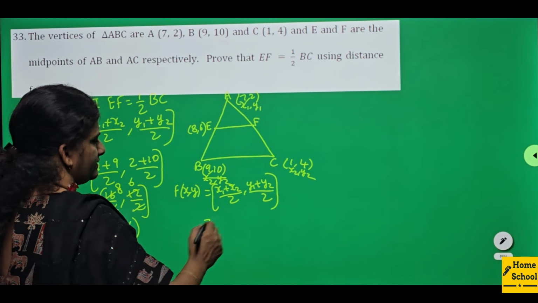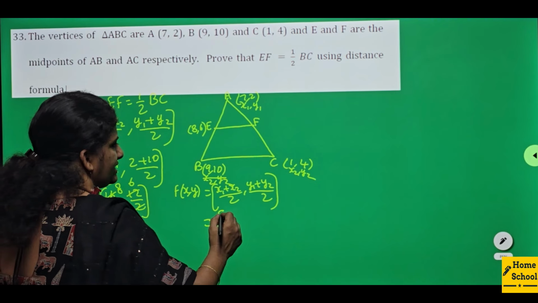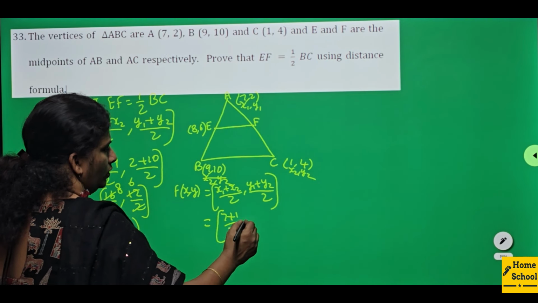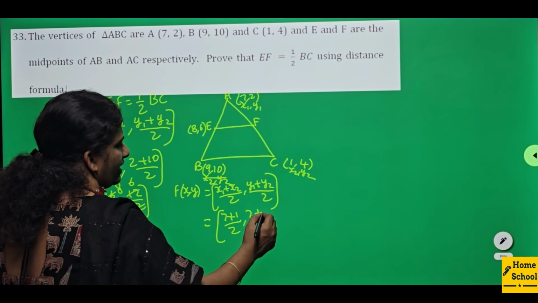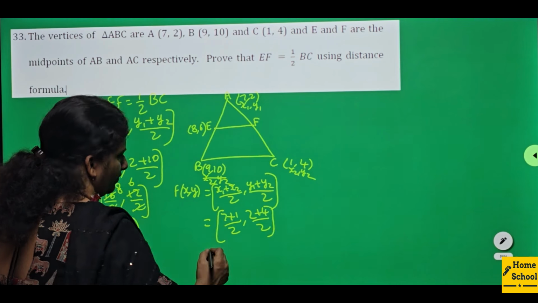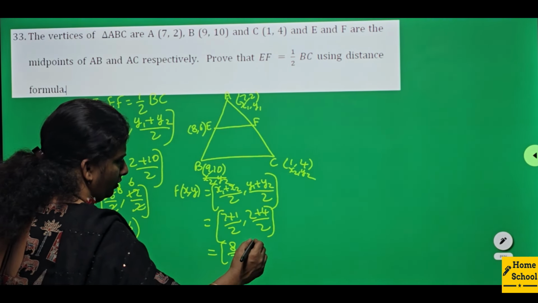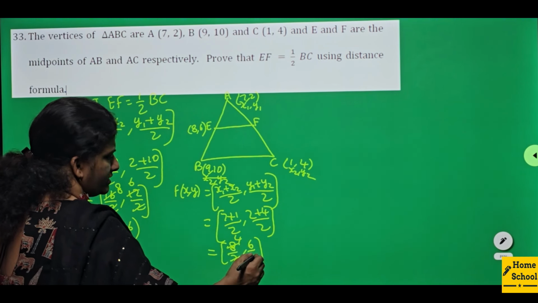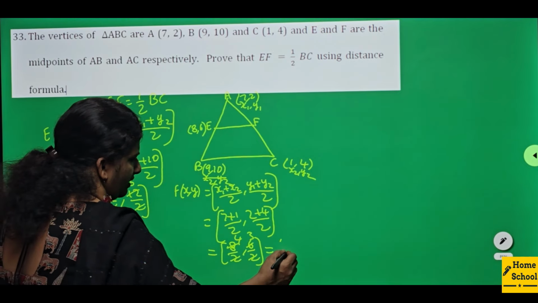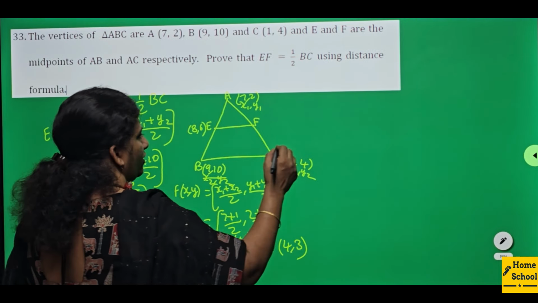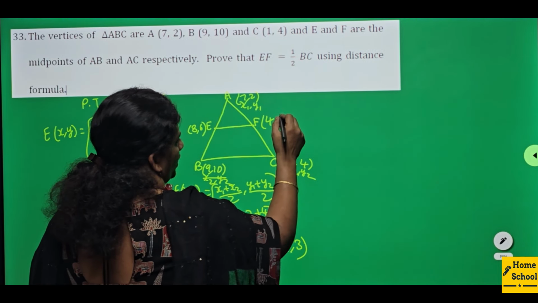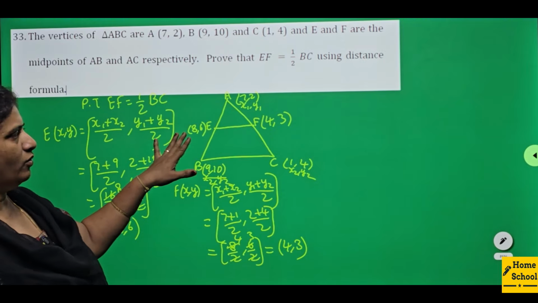Now substitute: 7 plus 1 by 2, 2 plus 4 by 2. That is 8 by 2, 6 by 2. 2 4s are 8, 2 3s are 6. That will be 4, 3, the coordinate of F. We got only midpoints.